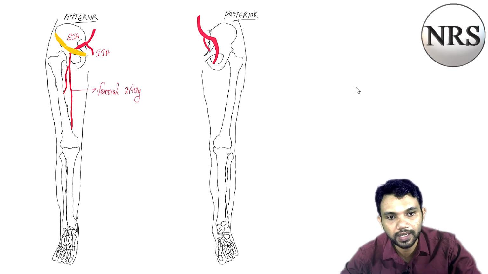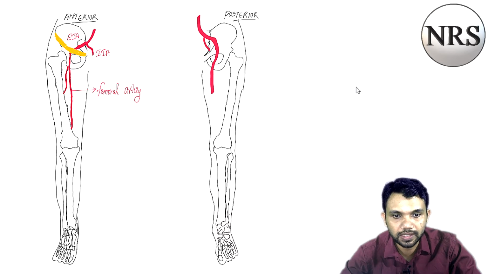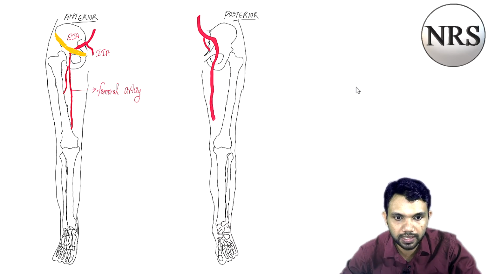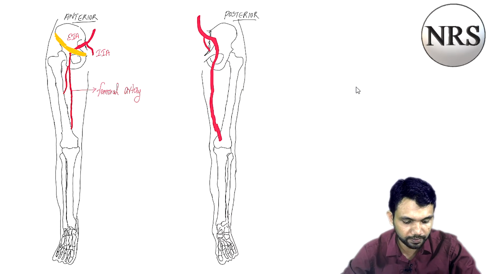Okay, this inguinal ligament, and inguinal ligament தாண்டி இது வந்து நம்ம femoral artery அப்படின்னு சொல்லுவோம். The inguinal ligament will be somewhere around here in the anterior side. சரியா? Okay, femoral artery, it will come down in the medial side.